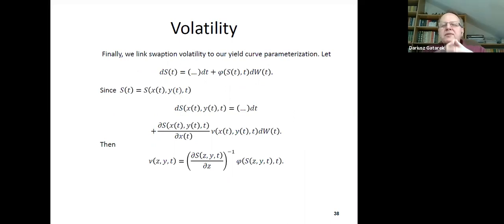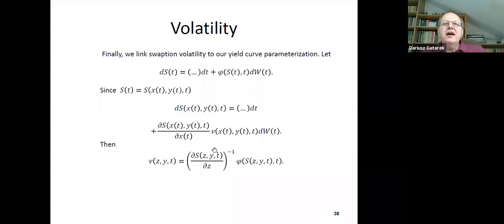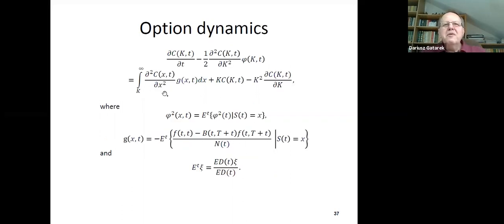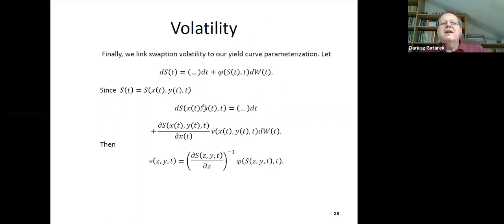So the best suited is the Cheyette model, because in the Cheyette model we've got V, which is a function of X and Y. And we've got here the Dupuy formula, which links various volatilities.